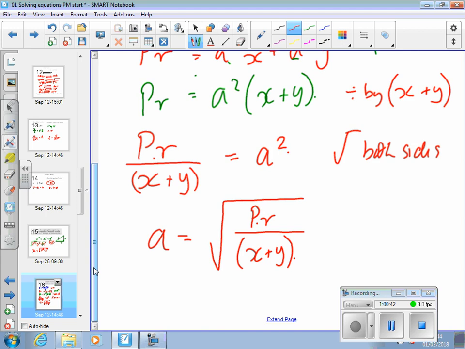Sometimes worth putting a little dot in there for high level multiplication between them, so you know that's two variables and not the variable PR. So that's one where we need to have that knowledge of being able to factorise, take out a common factor.